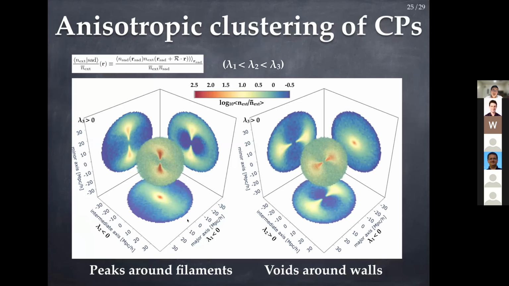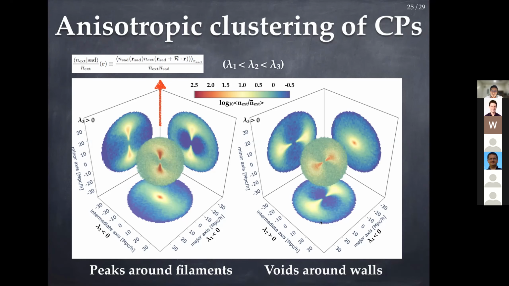And we are projecting this distribution onto respective planes. As you can see, there is a vertical concentration of peaks along this direction, and this direction corresponds to lambda 3. Again, this is the direction where the density is increasing the most rapidly.